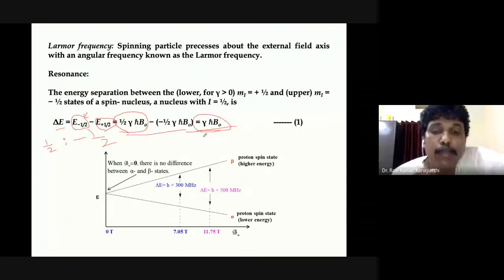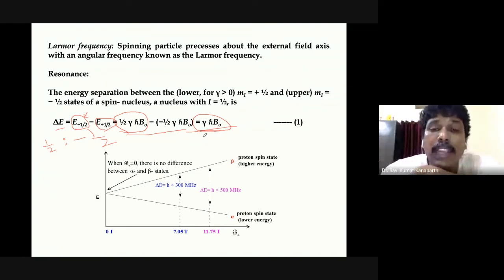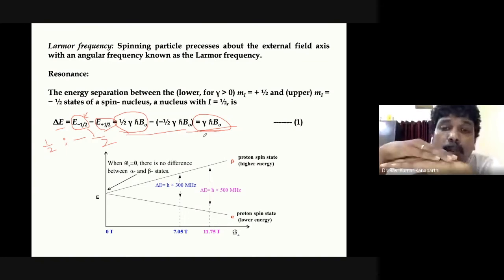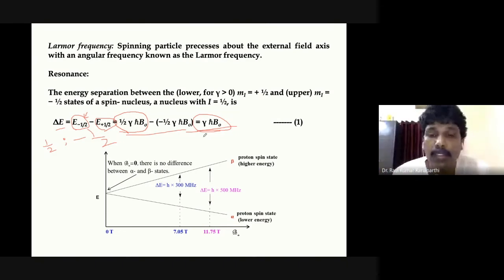That means all these half spin nuclei, we were talking about the two states. The two states discussion comes into the picture only when the applied magnetic field is non-zero. If it is zero, both will be at the same level. Suppose you have hydrogen gas everywhere here.